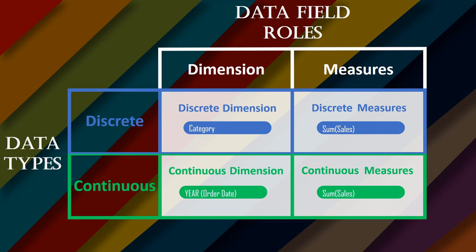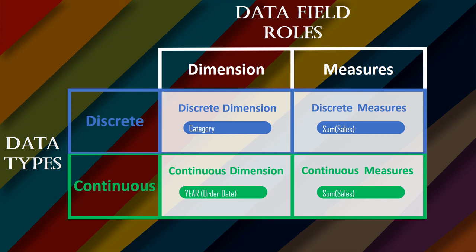So the conclusion is, if any field at any time is used in blue color, it would be discrete, and if it is used with detailing of fields, then it would be a dimension. But if it is used with aggregation, it is called a Measure. And hence we can say that we will have either discrete dimensions or discrete Measures.